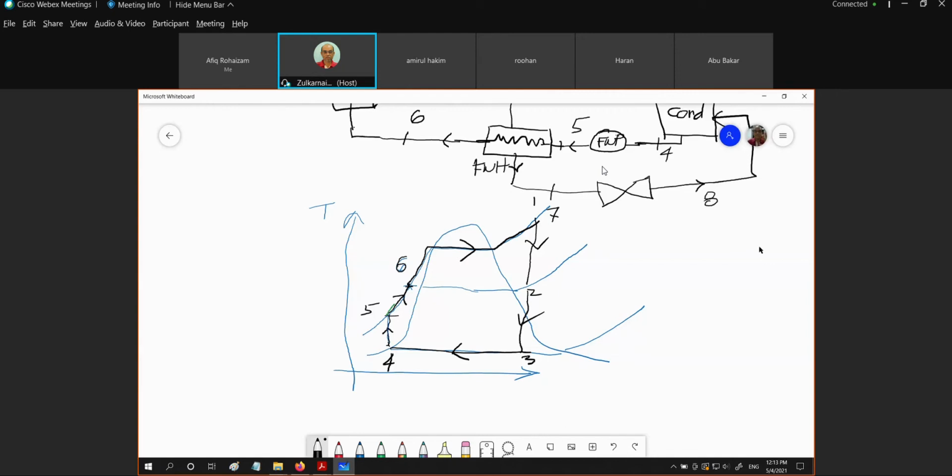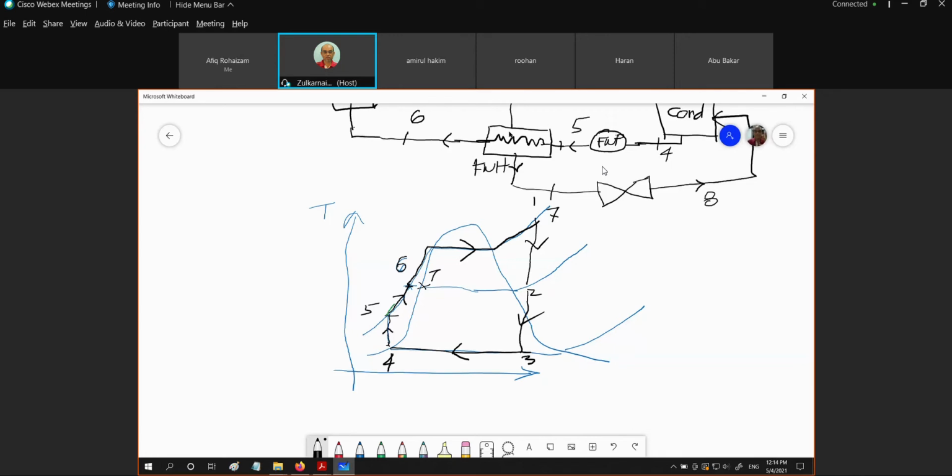And we assume that what is coming out right here is a saturated liquid at the pressure of 2. Okay? And pressure of 2 is equal to the pressure of 7 because we know this is the same line. So the pressure 7 and pressure 2 is the same. So this is 7.